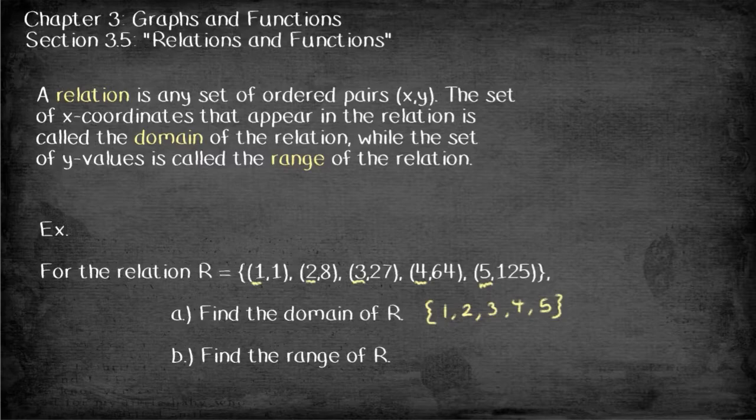And the range is the set of y values. Okay, so that's not too bad. Whenever you're given a relation, which is in other words a set of points, domain is simply the list of all of the x values, and the range is the list of all of the y values.